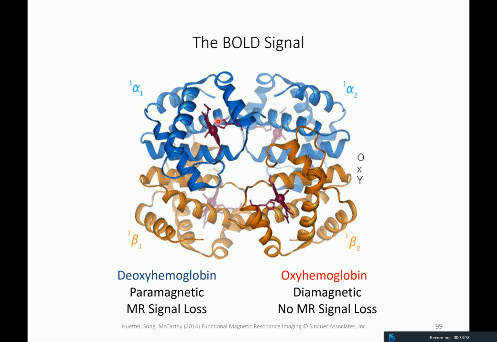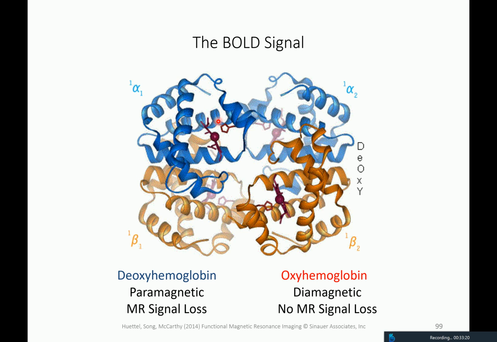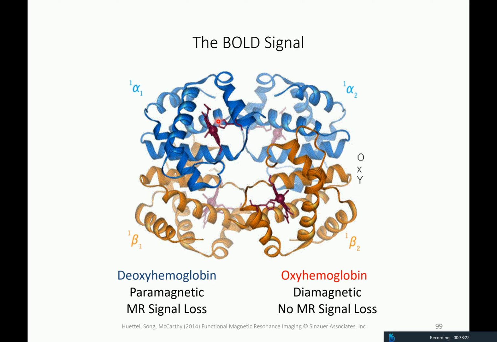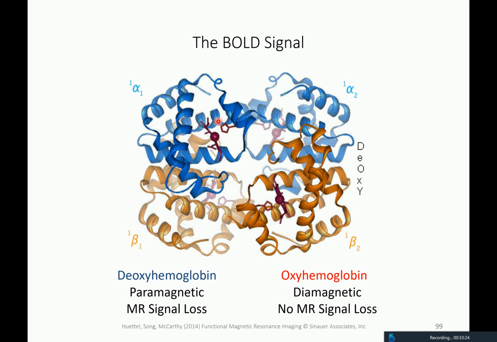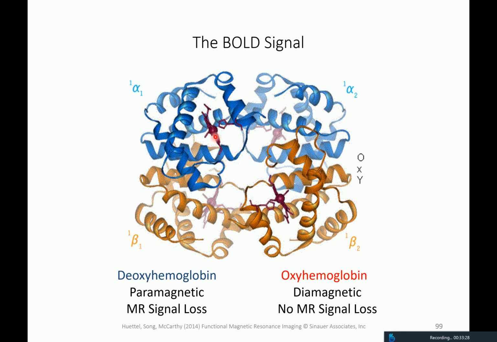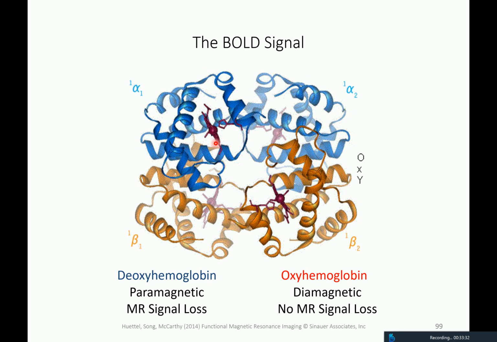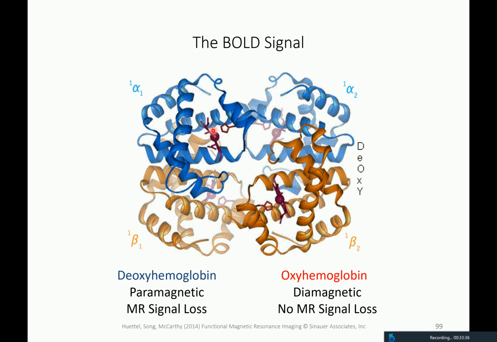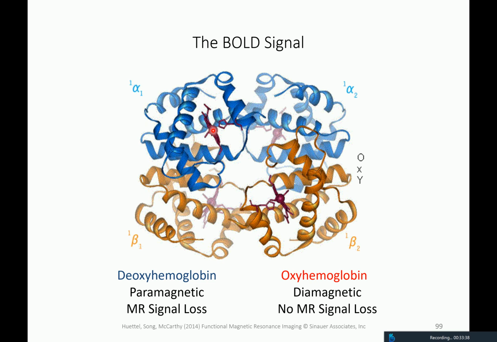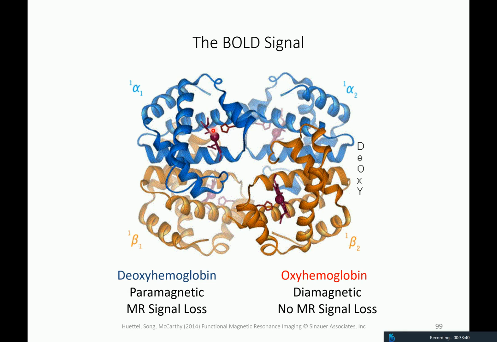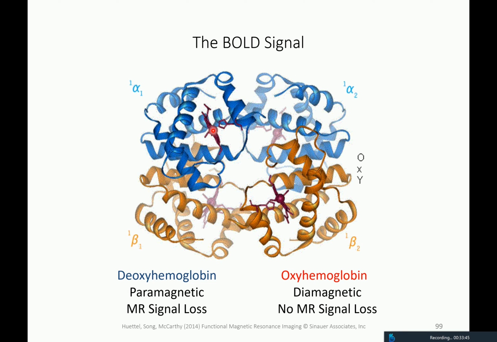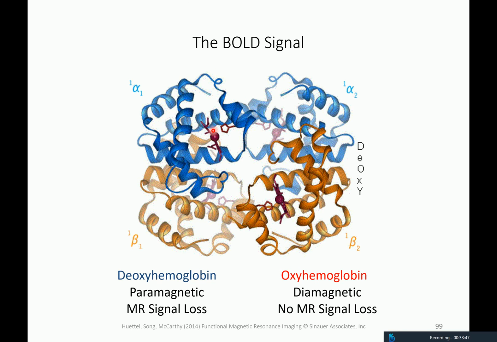Of course, the story only works to a certain level of depth, because then you go into the physics and one would have to discuss what exactly the magnetic properties of these heme parts of the hemoglobin molecule are, and how the configuration changes. It's then trivial to see that this change in configuration affects the external magnetic field, but this is not discussed here, though maybe that's what you're after.